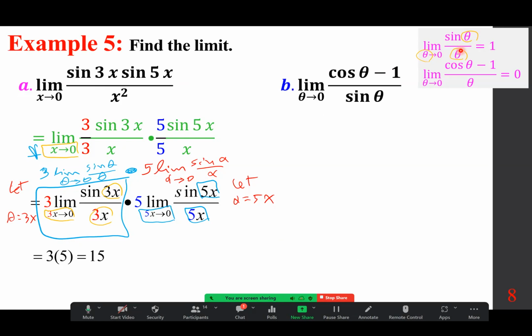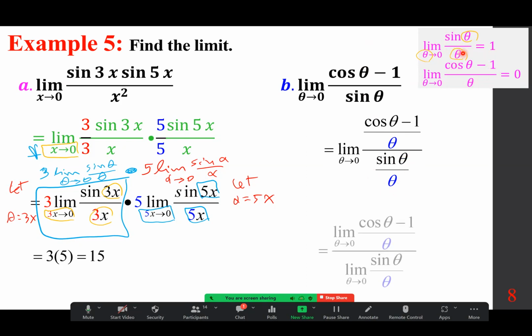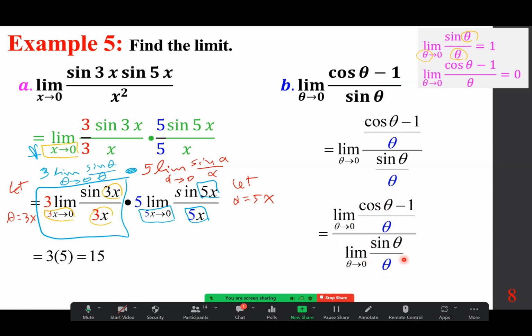For part B, we don't know the answer the way it's given, but since we have those, we can divide the top and the bottom by theta. And by the way, theta is not 0, theta is approaching 0, otherwise you can't. And this piece now looks like this one. This piece looks like this one. So we can apply the limit to the top, apply the limit to the bottom.